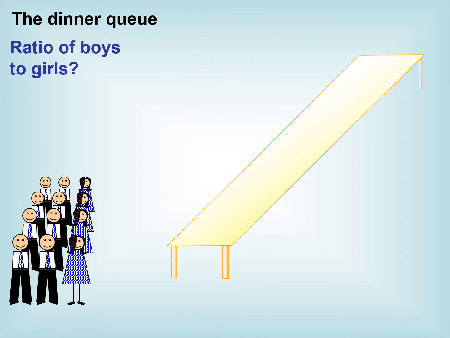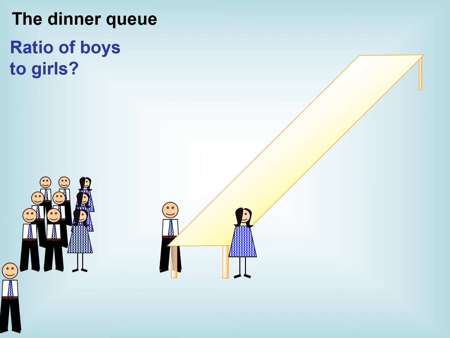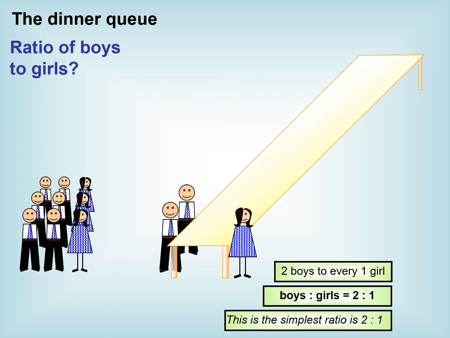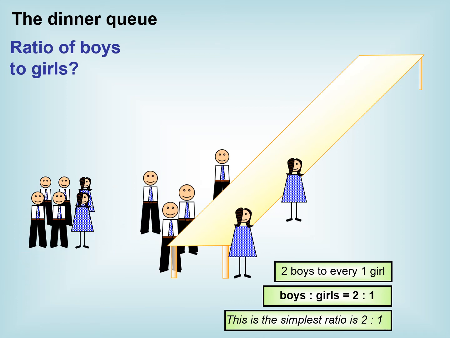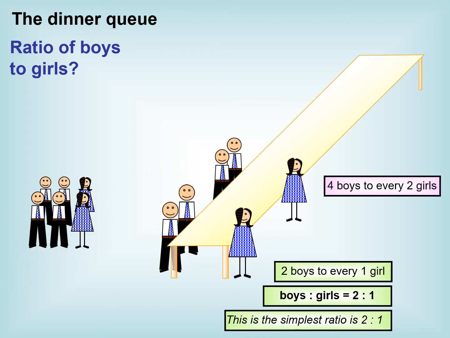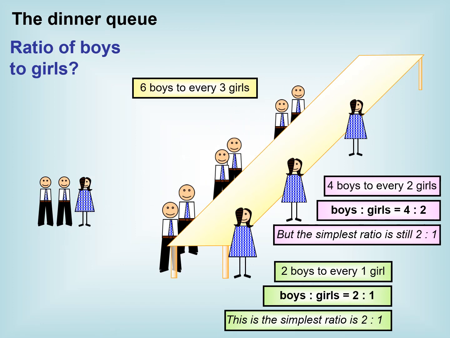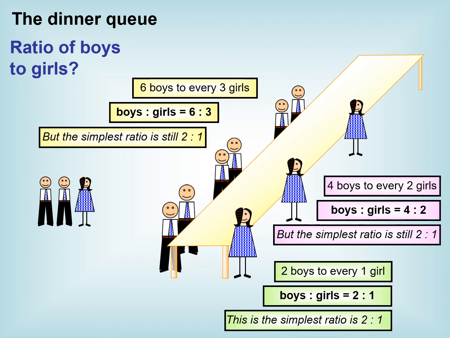Now, the other way around, the ratio of boys to girls. In every two boys, we have one girl, so we have 2:1. Then in every four boys, we have two girls, so we have 4:2, or the simplest ratio is 2:1. In every six boys, we have three girls, so the ratio 6:3, or the lowest term is 2:1.